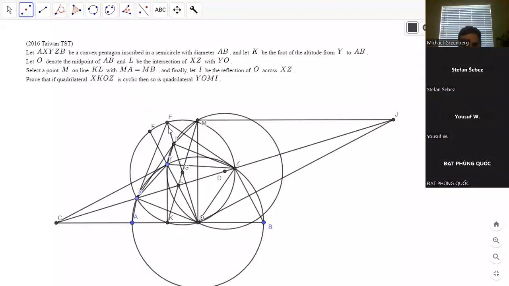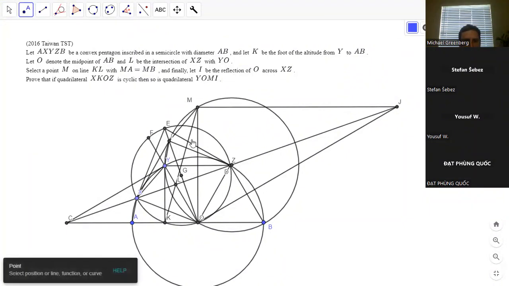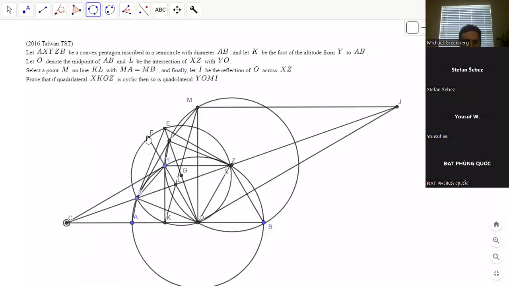Midpoint of EO, and M will be the intersection of the circle OFC cut OM. So we need to prove that F, G, and H are collinear.